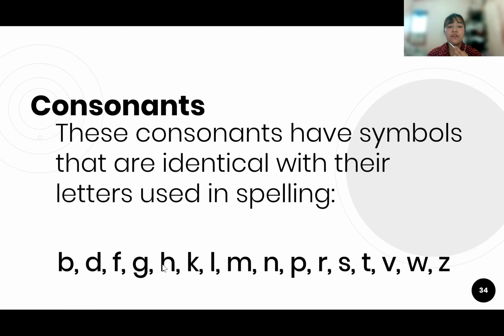Same with your D, F, G, H. Sa K, so diba, if the sound is K, you write it using your letter K. Same with your C, for example in cool, the sound produced by letter C is still K, so you write it using your K. CK as well in sick, your CK still produces the K sound, so still K. So for the rest of the letters as well, same lang. For Z, Z, for W, W, for example, V, T, S, R, P, N, M.